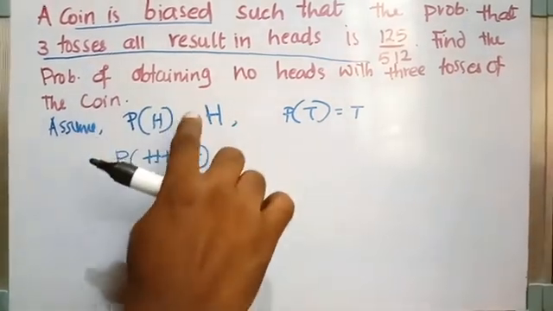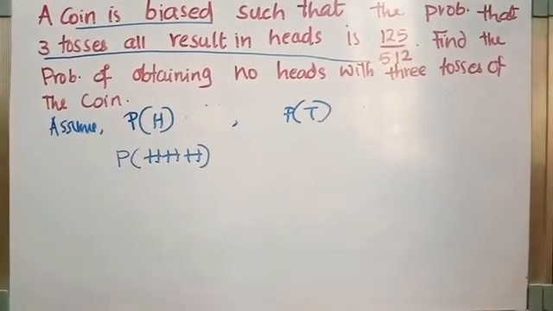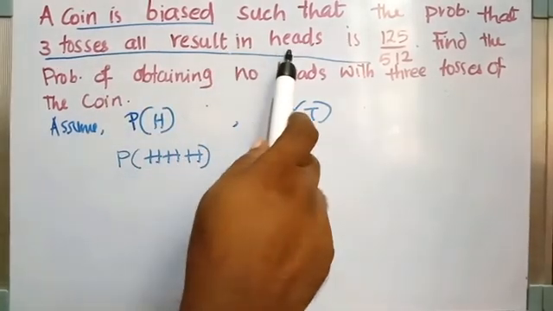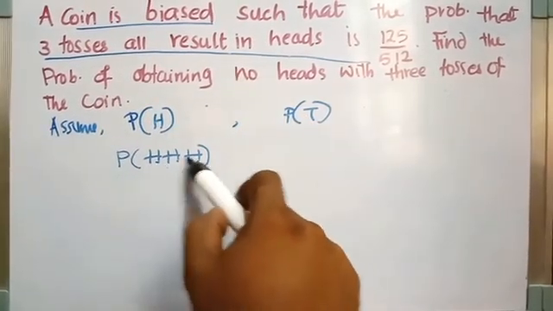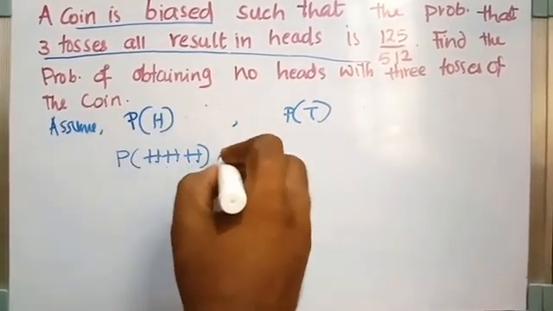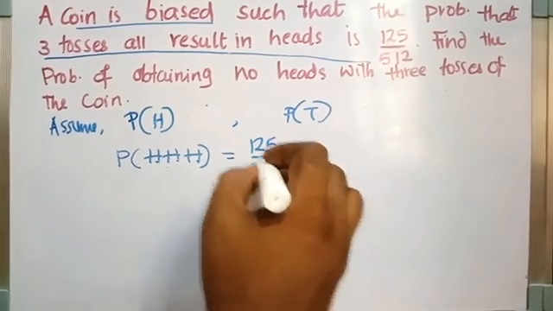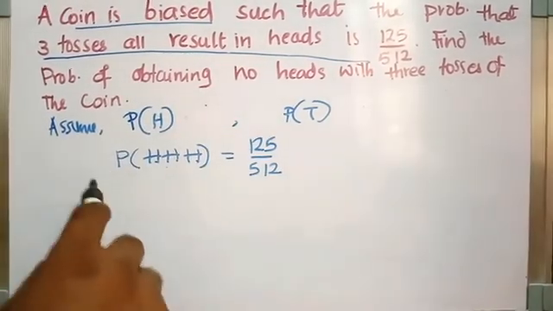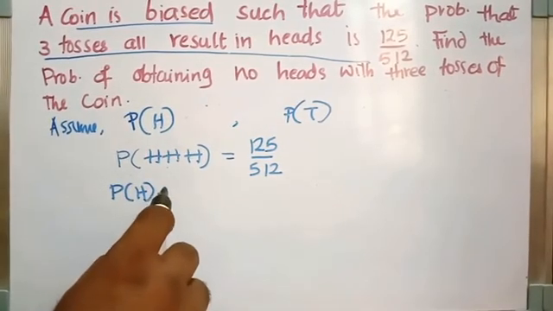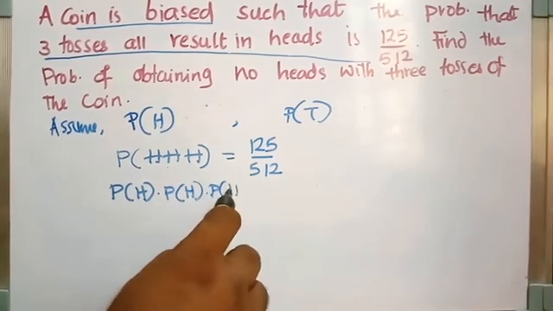We don't even need this assumption. Let's make it like this. What they have given is the probability that all three tosses are heads. That means probability of head and head and head is 125 by 512, which is probability of head into probability of head into probability of head, as the events are independent.